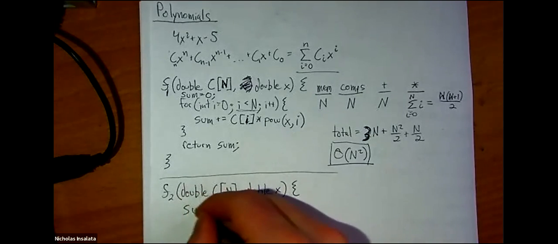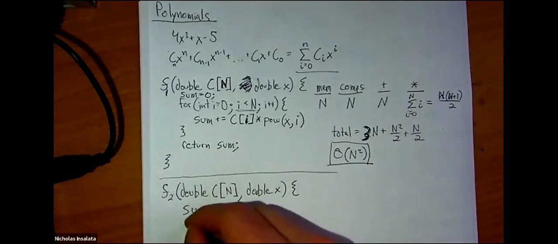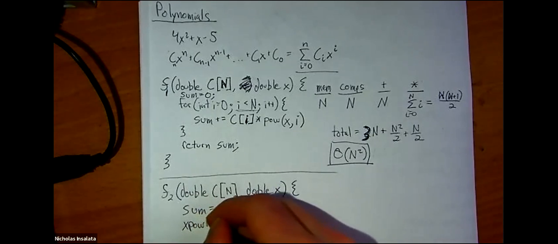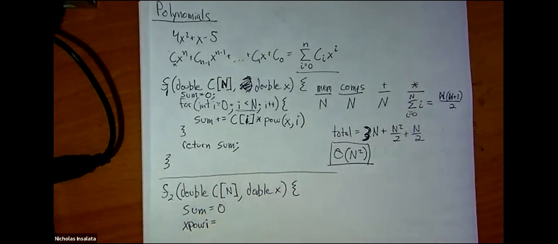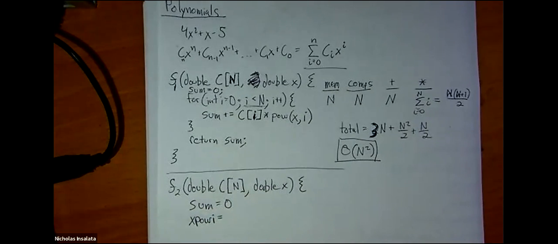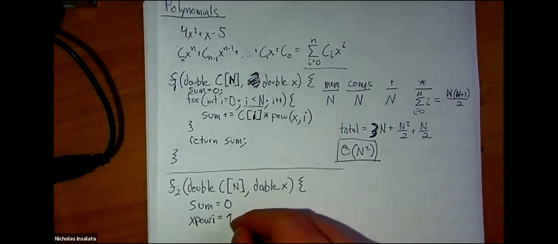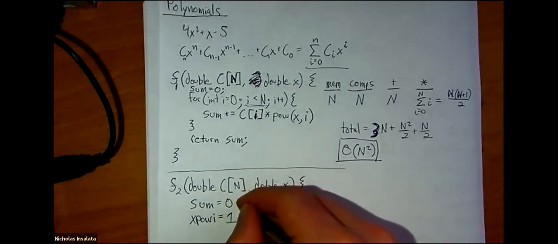So I'll have sum equals 0 and x pow I is what you want to call it. That's fine. Equals, what do we want to initialize this to? 1. Very good. Okay.